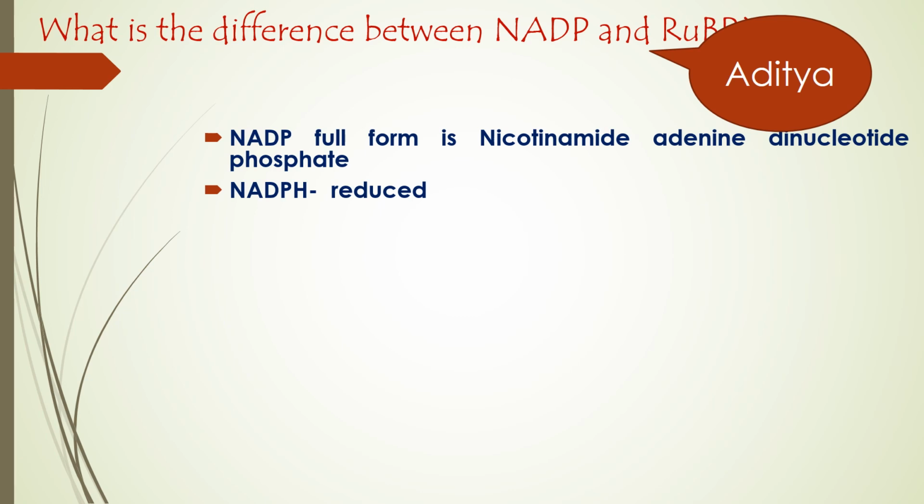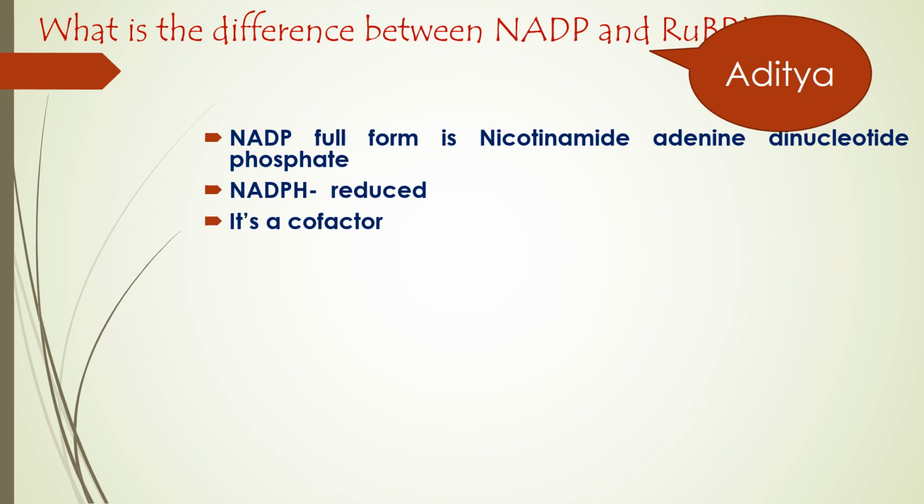NADPH, which is the reduced one, is needed in the photosynthesis dark reaction. It's a cofactor. Now what's a cofactor? In our body, we are having many enzymes. To work properly, these enzymes are having 2 parts. One is apoenzyme, means the protein part. One is coenzyme.